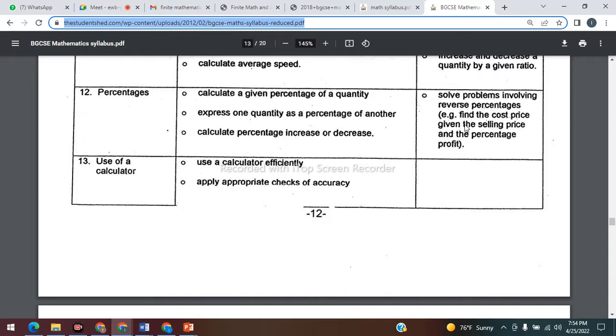I can't remember the exact wording. We did that before. Write the cost price as a percentage of the original price. Write the profit as a percentage of the cost price. Stuff like that.